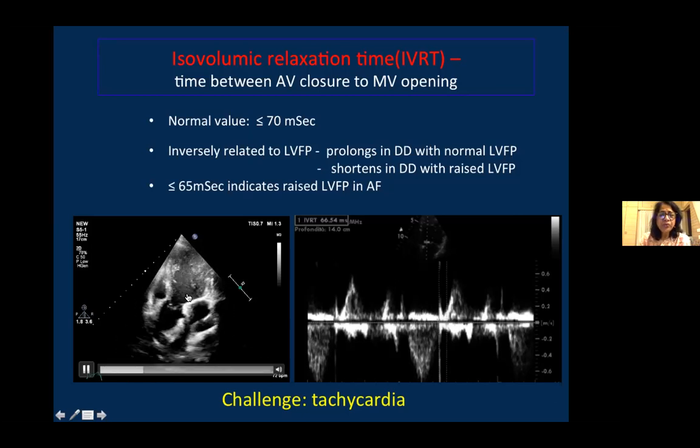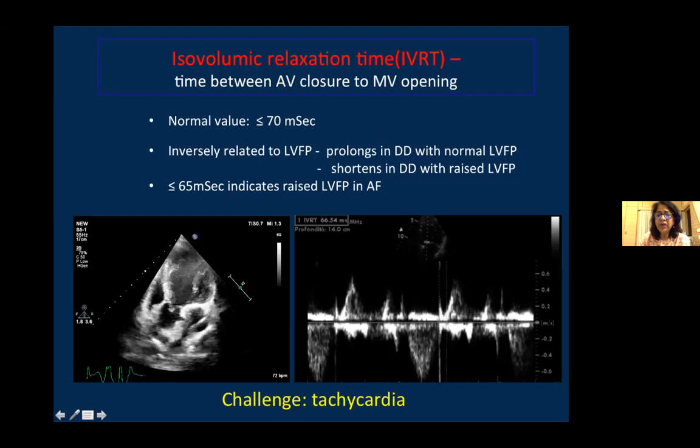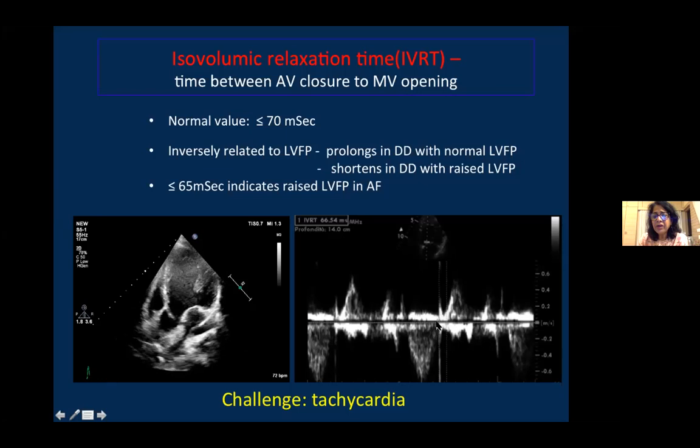As we do so, it senses both the mitral inflow and the LV outflow. Look here, this is the flow pattern. Above the baseline is the mitral inflow and below the baseline is the LV outflow tract. Now we know the isovolumic relaxation time is the time between aortic valve closure. Here is the aortic flow and it ends here. So from here till the mitral valve opens.